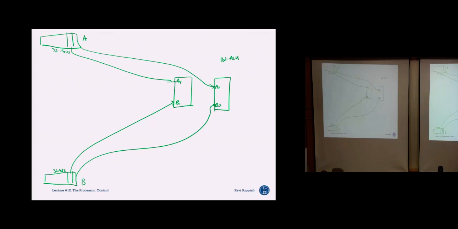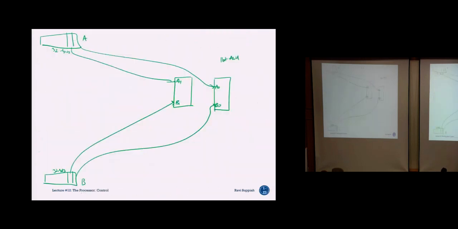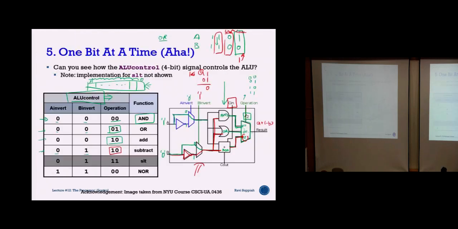And what are you doing? For each of these ALUs, you are providing control inputs, which are your A invert, B invert, and your 2-bit operation, together with your carry in. And each ALU block, what does it generate?